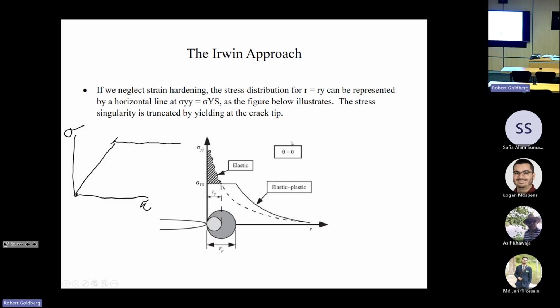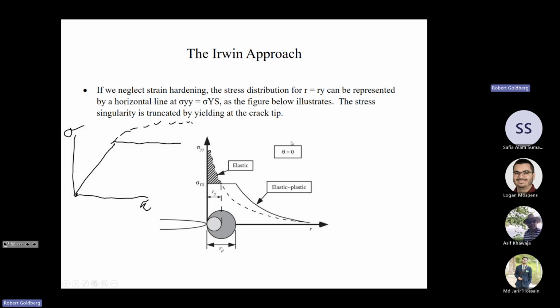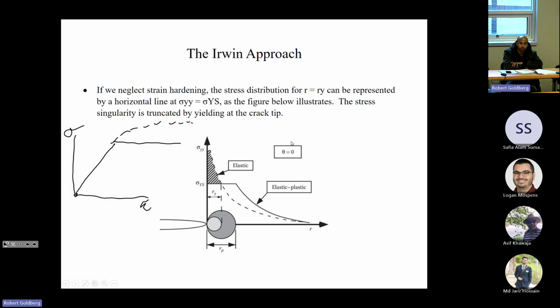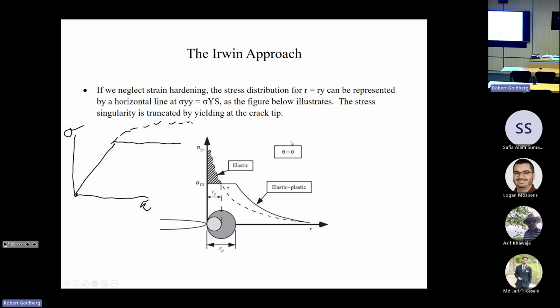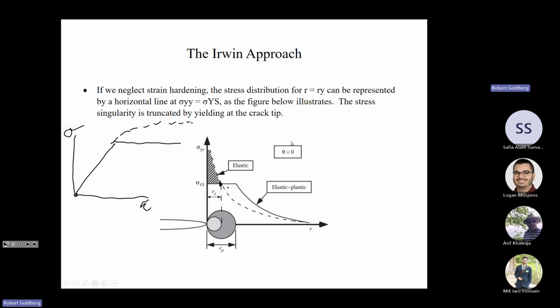In the case of strain hardening, you get a reduced slope, but you do get a continued increase in stress with increasing strain even once you yield. So for the case of perfect plasticity, if you look at this dotted line as the initial approximation, you get increases of stress as you get closer to the crack tip, but once you hit the yield stress, that's it.